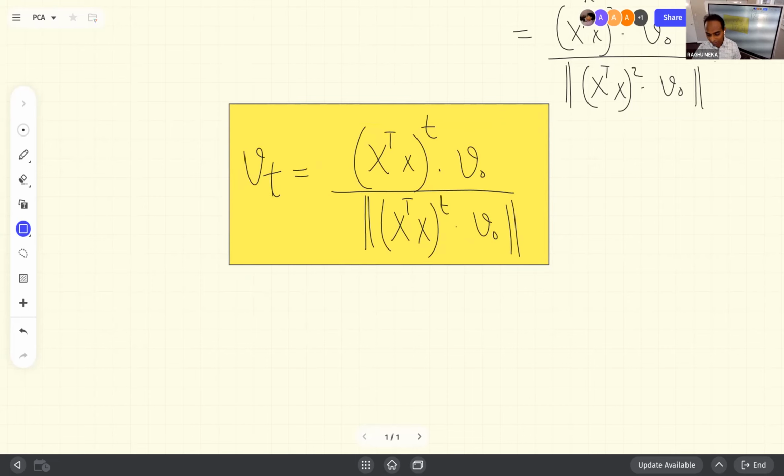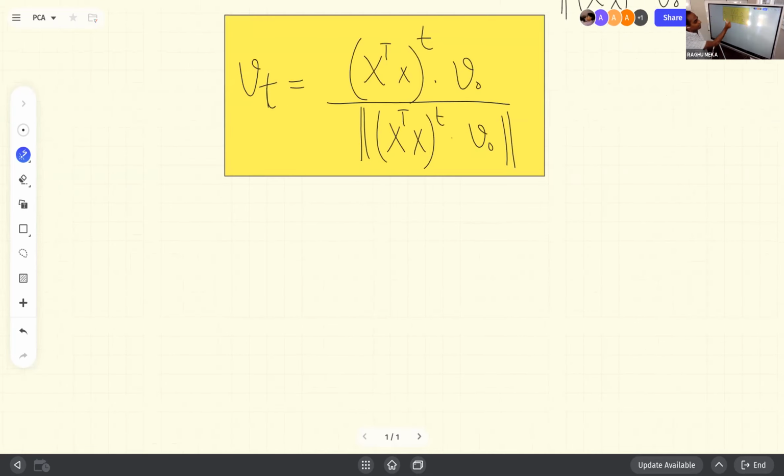So we wrote it iteratively, but we can write it even more succinctly in this way. And what we'll try and do is to show that when you look at this expression, the numerator is a vector whose inner product with the top singular vector keeps getting closer and closer to the top singular vector. Okay? So how do we do this? We'll do this by analyzing the numerator and denominator separately.